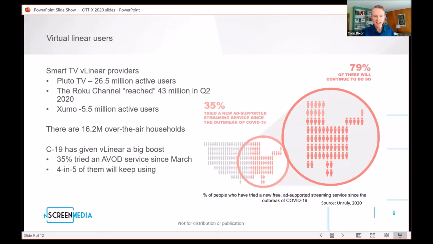So the takeaway here is that there are millions of people that have been introduced to the existence of virtual linear this year to add to the people that were using it before. So extraordinary growth in that market this year.